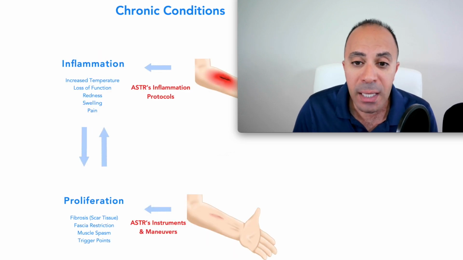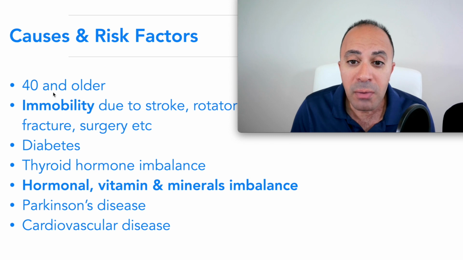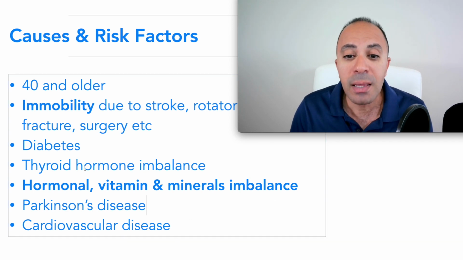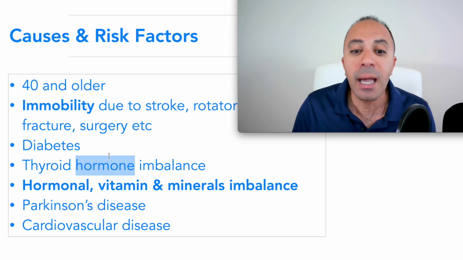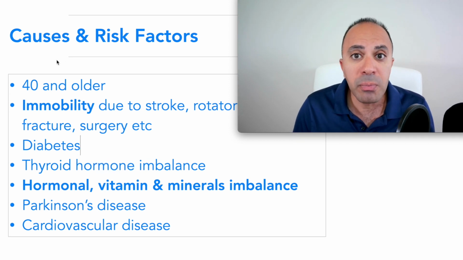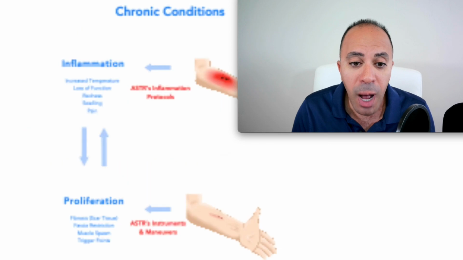It will go back and forth between those stages. And that's why the risk factors are hormonal imbalance, vitamin imbalance, thyroid hormone imbalance, diabetes. So these are a very essential part of the treatment. We need to figure out what's missing to really get to the root cause of the problem.